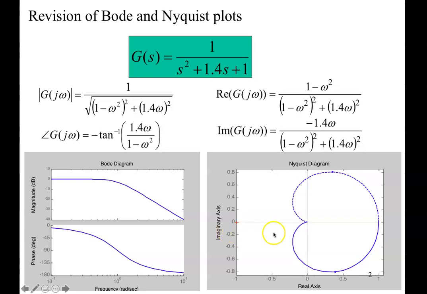Either plot can be used for control design. Most of the time it's actually down to personal preference. Some control engineers like to use polar plots. Some people like Bode plots, and there are other plots as well, like the Nichols diagram. So everybody will have their own personal favorites.